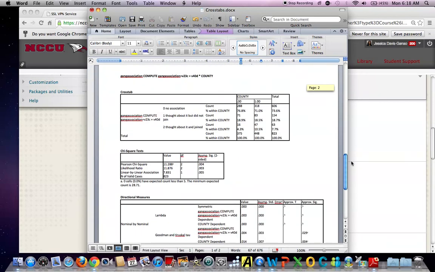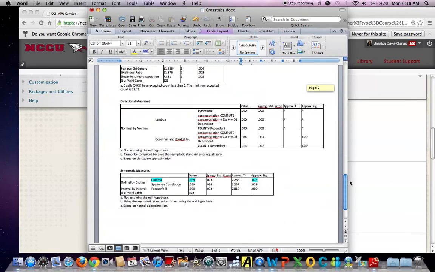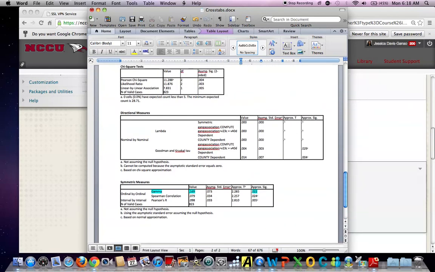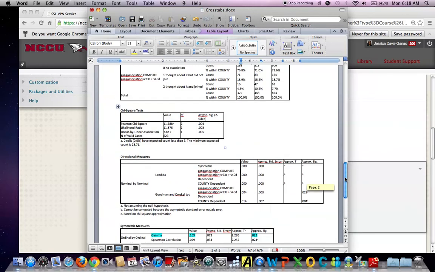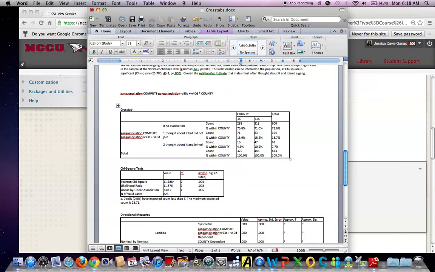Alright, so let's look at this interpretation. Again, we're focusing on our gamma. It is positive. This is our chi-square up here. This is our contingency table up here. Because we know it's positive, we're going to go, in terms of our overall interpretation, with the high interpretation.